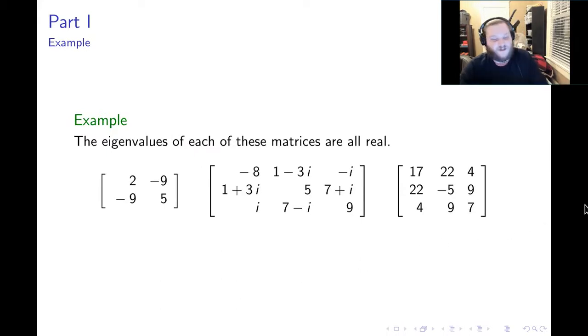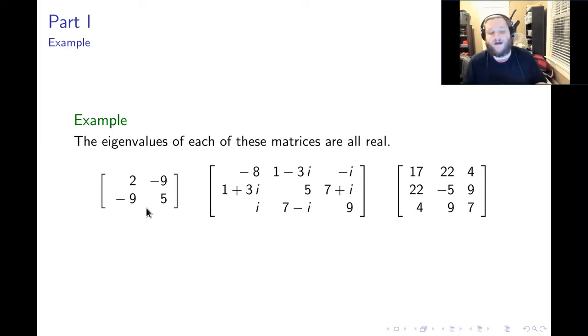So let's just briefly apply this concept. The first part of the spectral theorem immediately tells me that the eigenvalues of each one of these three matrices are all real. Why are the eigenvalues of my first matrix here real numbers? Well, keep in mind, I'm not telling you what the eigenvalues are.